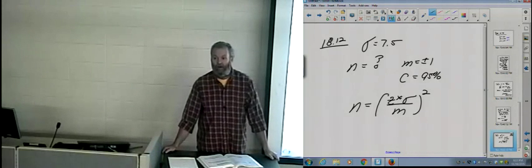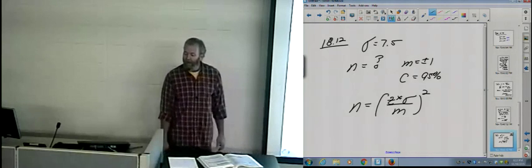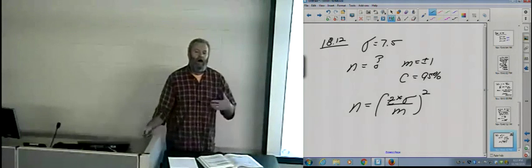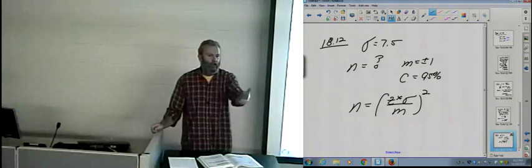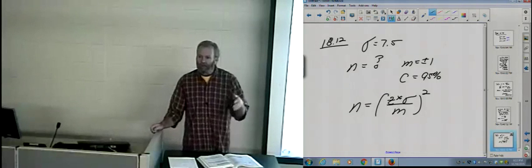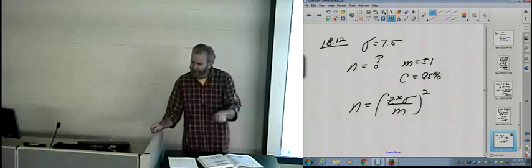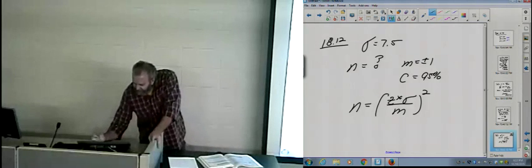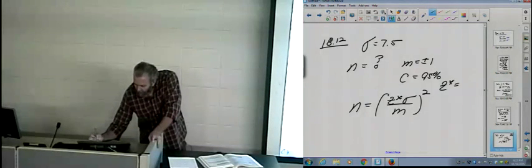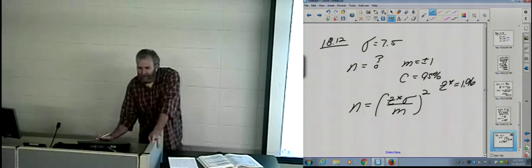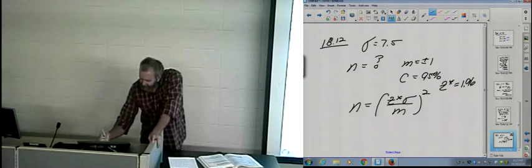It makes for an easy wrong answer. Okay? Now, what is Z star? When the confidence level is 95%, you go to table C in the back of the book, find 95% confidence, read down, and you will find Z star equals 1.96.